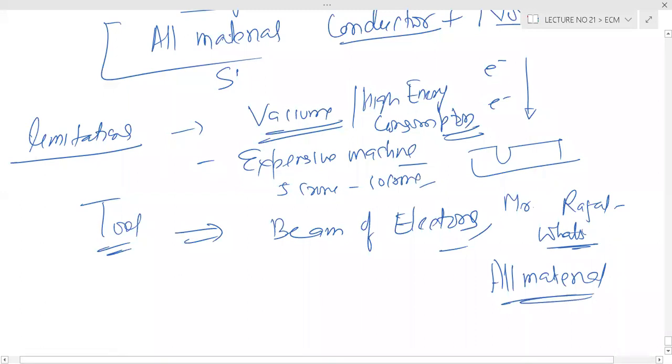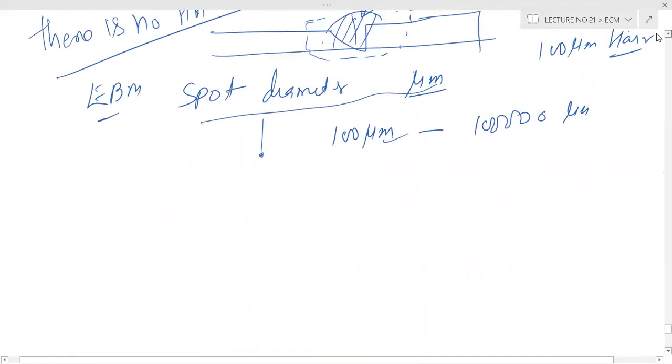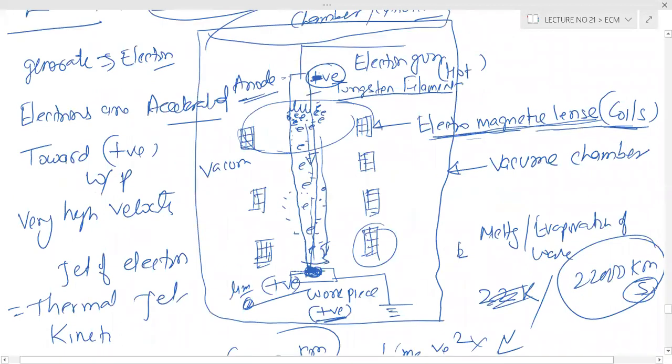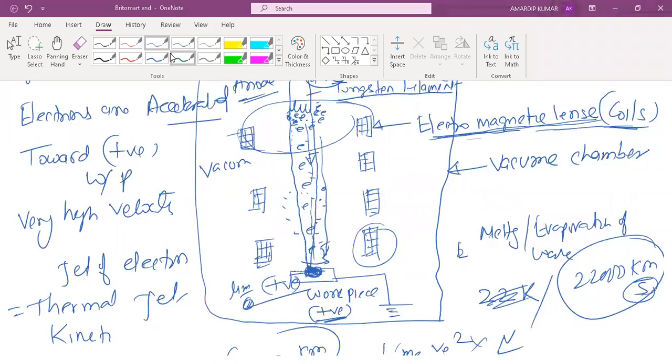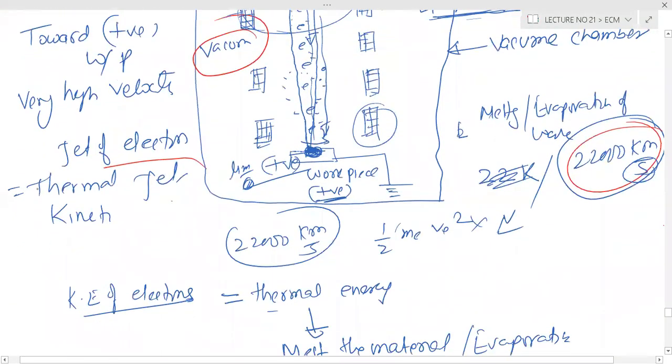Okay, so tomorrow we'll discuss plasma arc machining. Here, what you have to remember, again I'm telling you, only a few points. First is vacuum. Vacuum is required, right? Then tungsten filament, then these coils. It is a thermal jet.